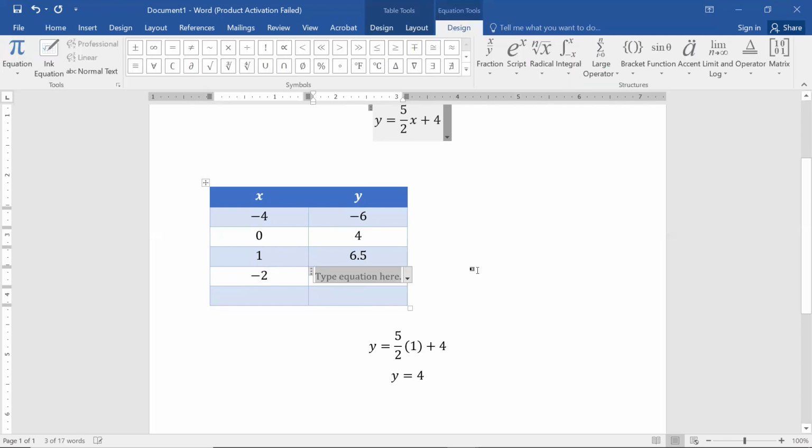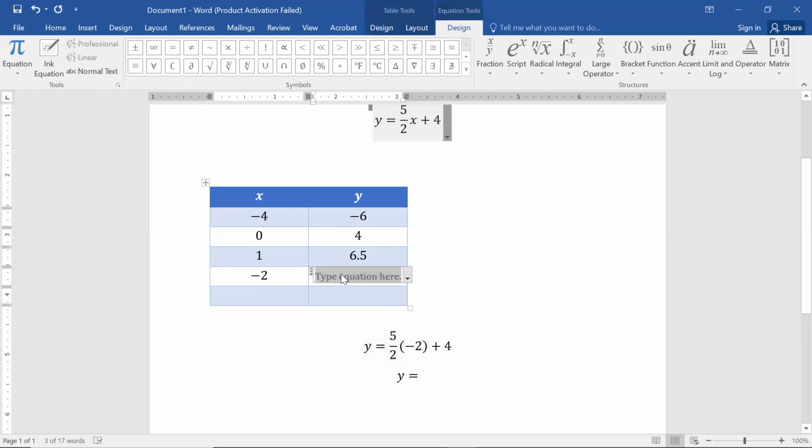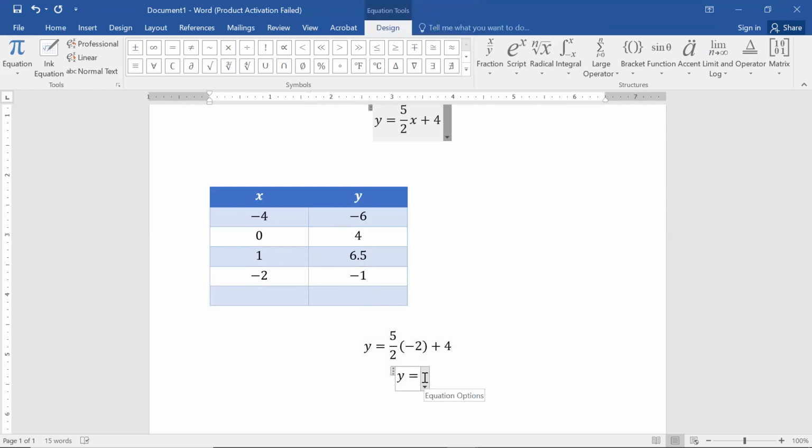Plugging in -2 yields a -1 as my y value.